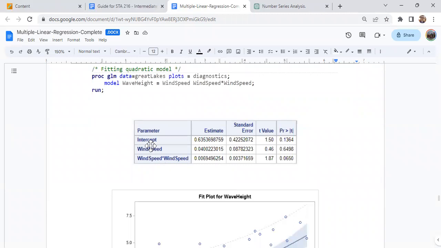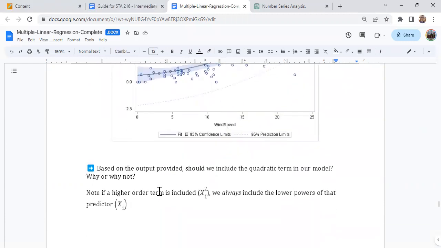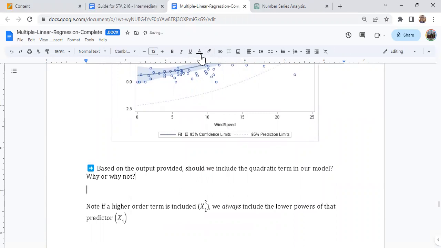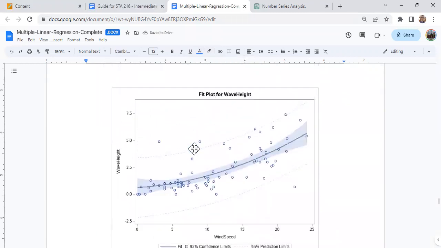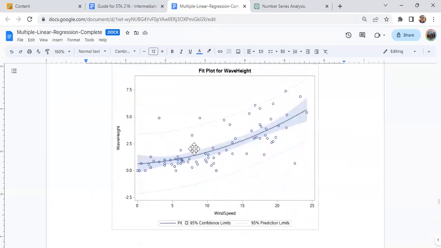You don't start with just plain old wind speed. You start with the highest power term, for sensibility reasons and interpretability. At least that's as far as statisticians are concerned. Data scientists might not do it that way, but in statistics, that's what's done.